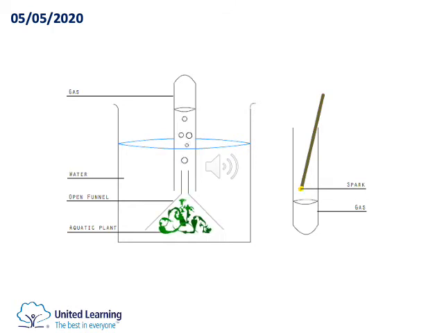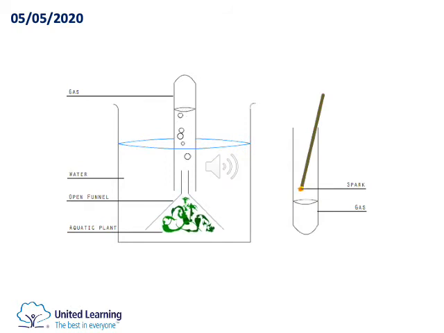Now what will happen is that over time, as the plant is photosynthesizing, oxygen gas will be produced, and this oxygen gas, being less dense than the water around it, will go up into the test tube, displacing water there.